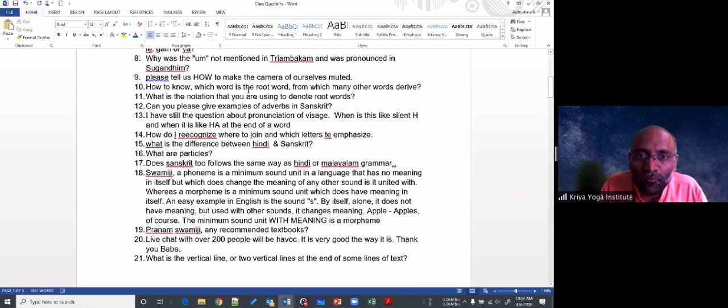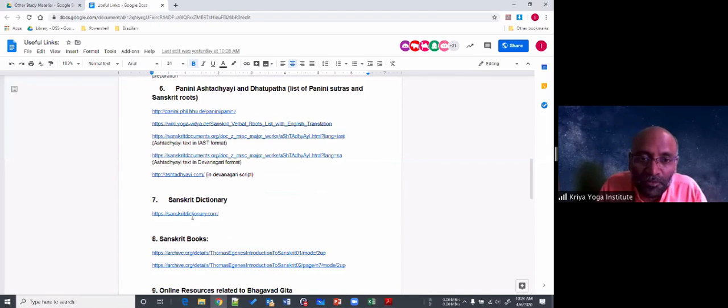How to know which word is the root word from which many other words derive? It can only be known by practice or by a dictionary. A dictionary generally gives the root word. And I have actually given you the link for the dictionary here. So if you want to check, you can. This is an online dictionary.